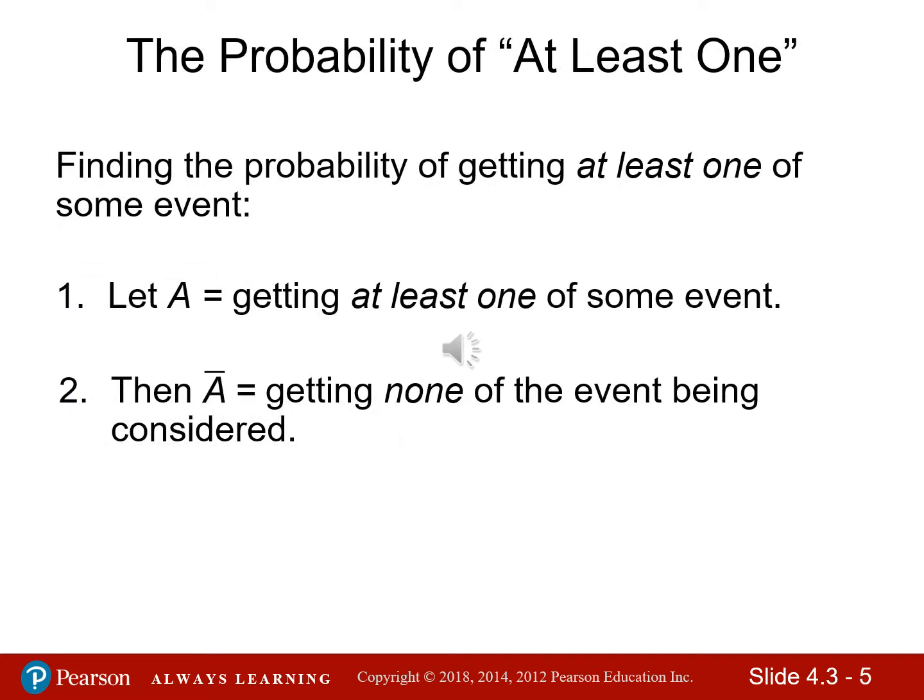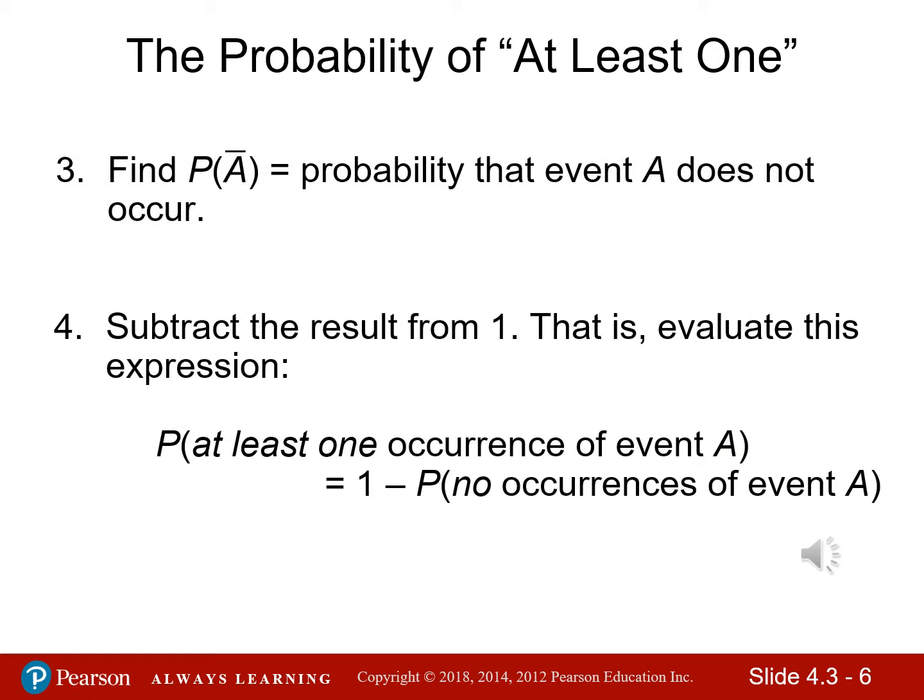Let's look at the 4 steps of finding the probability of getting at least one of some event. First, we define A to be getting at least one of some event. Second, we know that the complement of A, or A bar, is equal to getting none of the event being considered. Step 3 is to find the probability of the complement of A, or A bar.